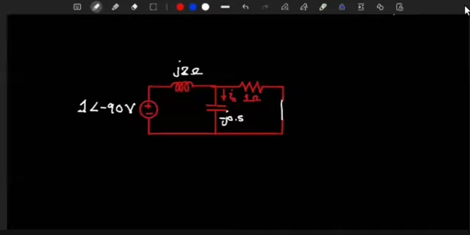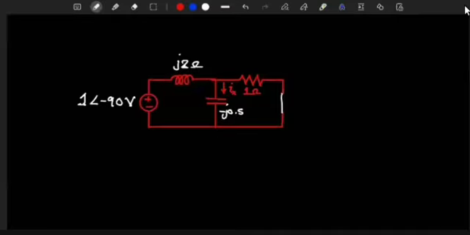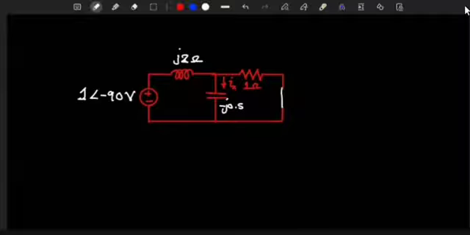To get Ix, it is completely up to you which method you want to use. You can use Kirchhoff's voltage law, mesh analysis, or nodal analysis. Or you can even use the classic total resistance, divide, and then get the current.